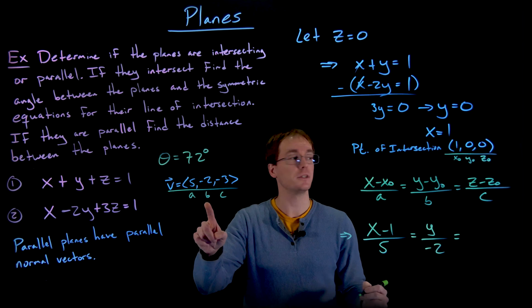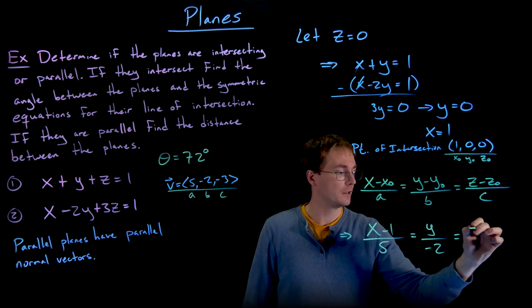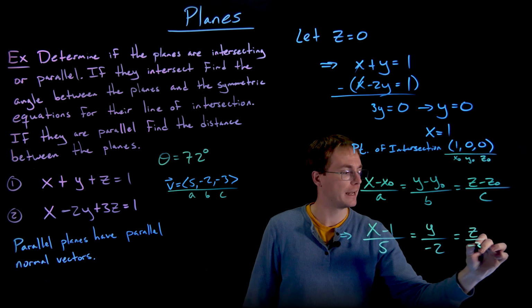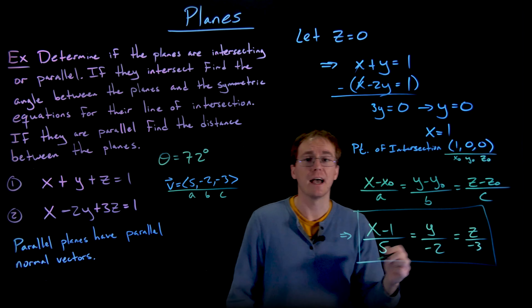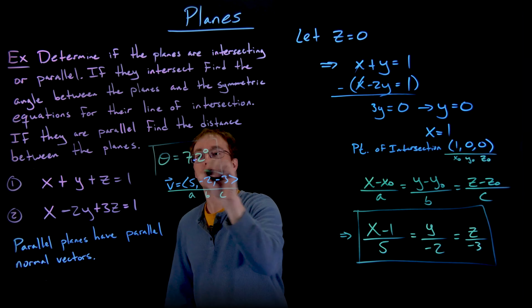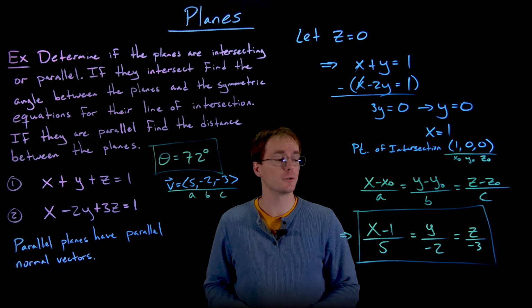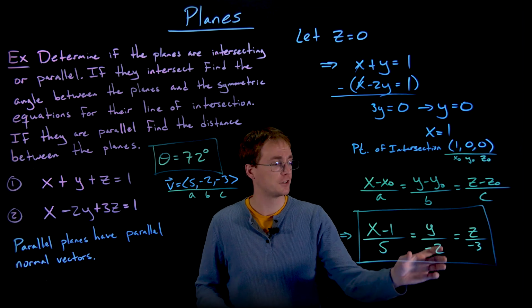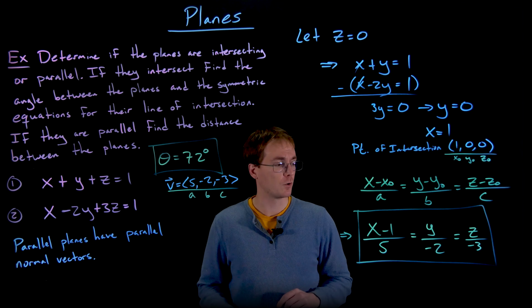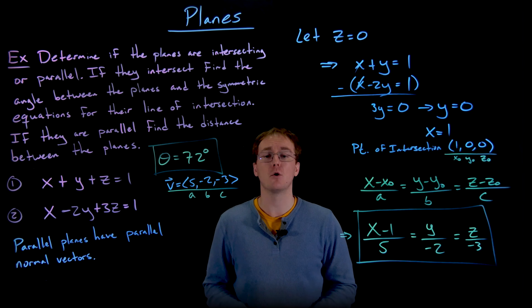And this has to also be equal to z minus 0 over -3, or just z over -3. So we have finished this example off. We found the angle between our two intersecting planes was about 72 degrees, and the symmetric equations for the line of intersection between our two planes looks like this: x minus 1 over 5 is equal to y over -2 is equal to z over -3.